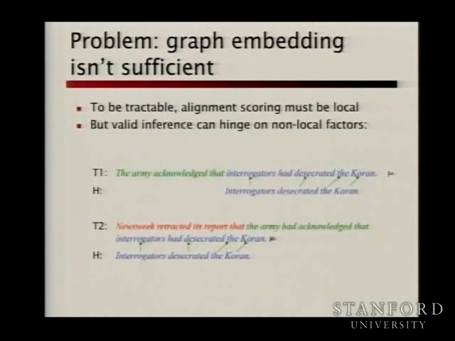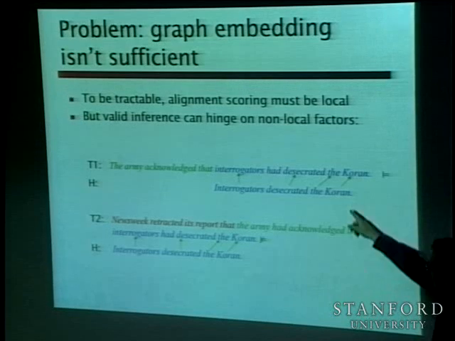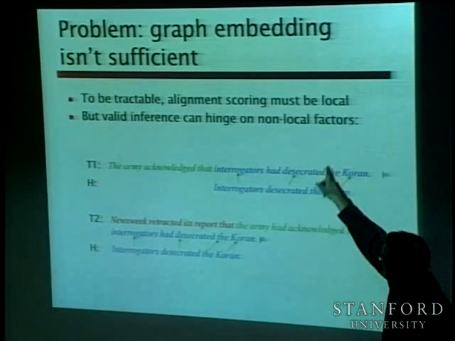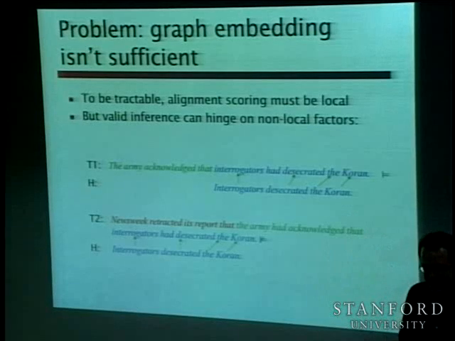But it's also obvious that if you just say, well, let's do this kind of loose matching of word overlap, proximity, similar syntactic relations, there are all kinds of ways that you can be completely fooled, right? So if your sentence is, the army acknowledged the interrogators had desecrated the Quran, and you just do straight matching of the words and the hypothesis, yes, you get the answer right.